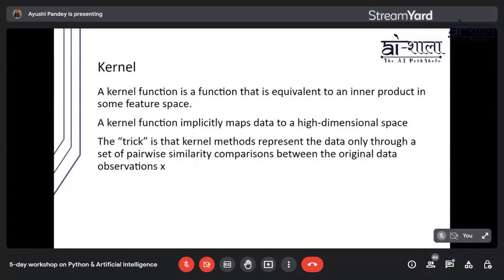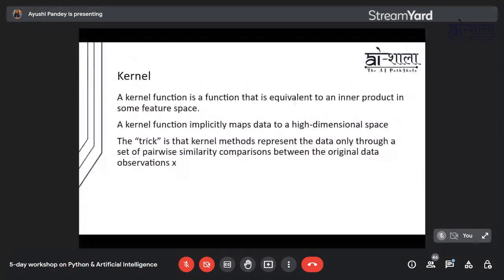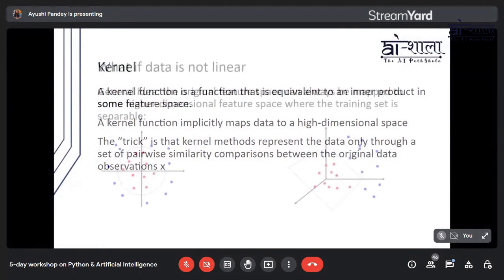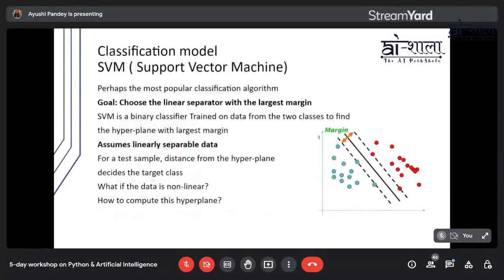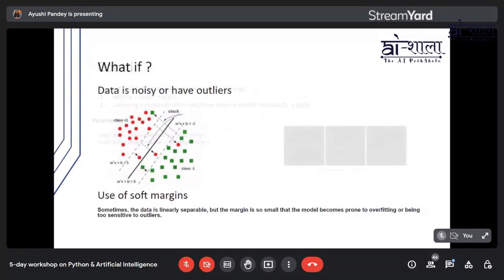Now our problem was the data is not linearly separable. And in SVM, the first thing was the data should be linearly separable. So we want our data to be linearly separable, but it's not.